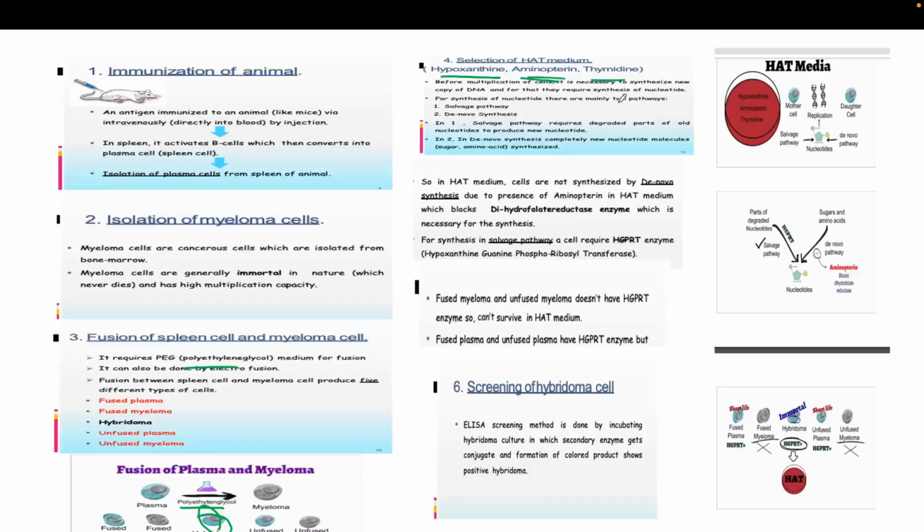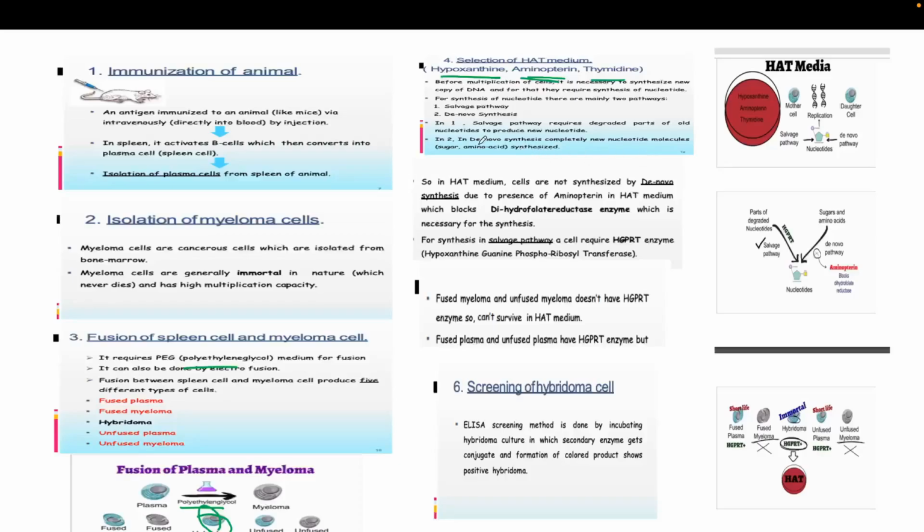For that they require nucleotide synthesis, which can be done by the salvage pathway as well as the de novo pathway. The salvage pathway requires the degraded part of old nucleotides to produce new nucleotides. Suppose the media has degraded nucleotide, then from it the cell can produce new DNA or new nucleotides.